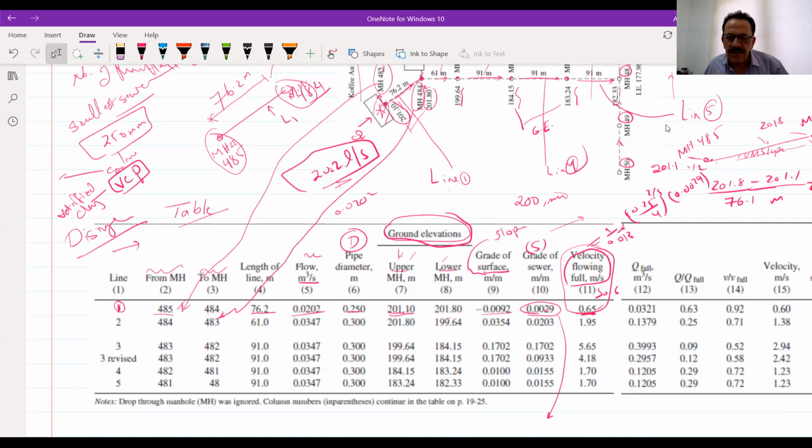Now, when we have full flow and we have a diameter, the Q full is equal to V times A. Where is the V? The V is this one, which is 0.65, times the area.